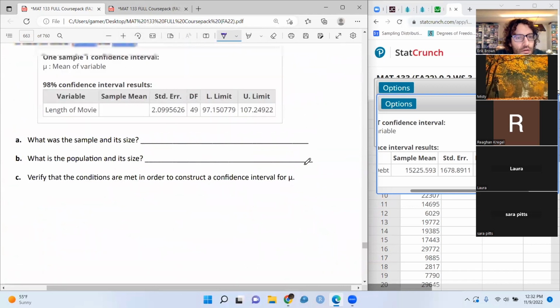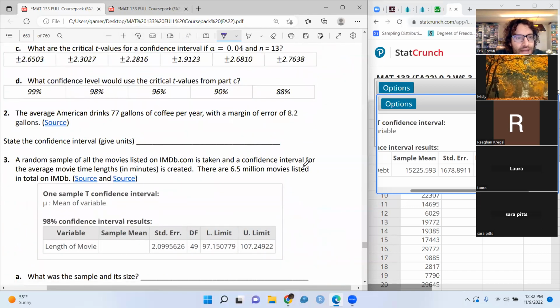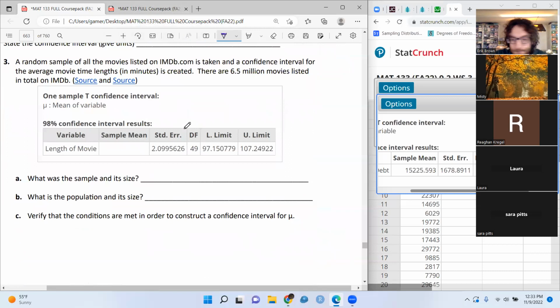How about we jump back now to question 3. Maybe you can just go from start to finish, because what we've given you here is an output with a very strategic omission: the sample mean.